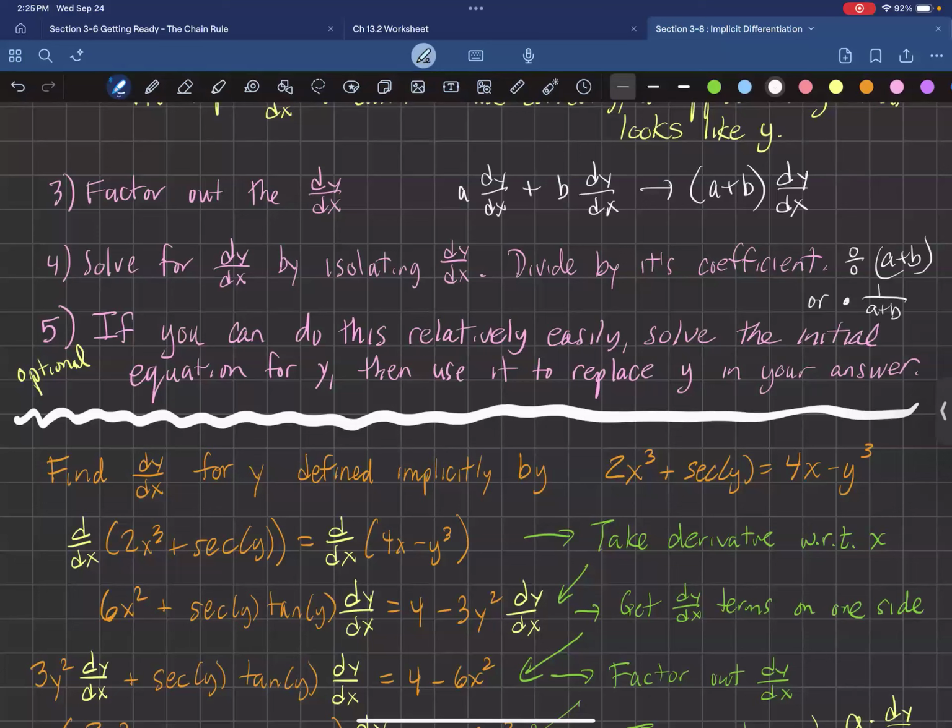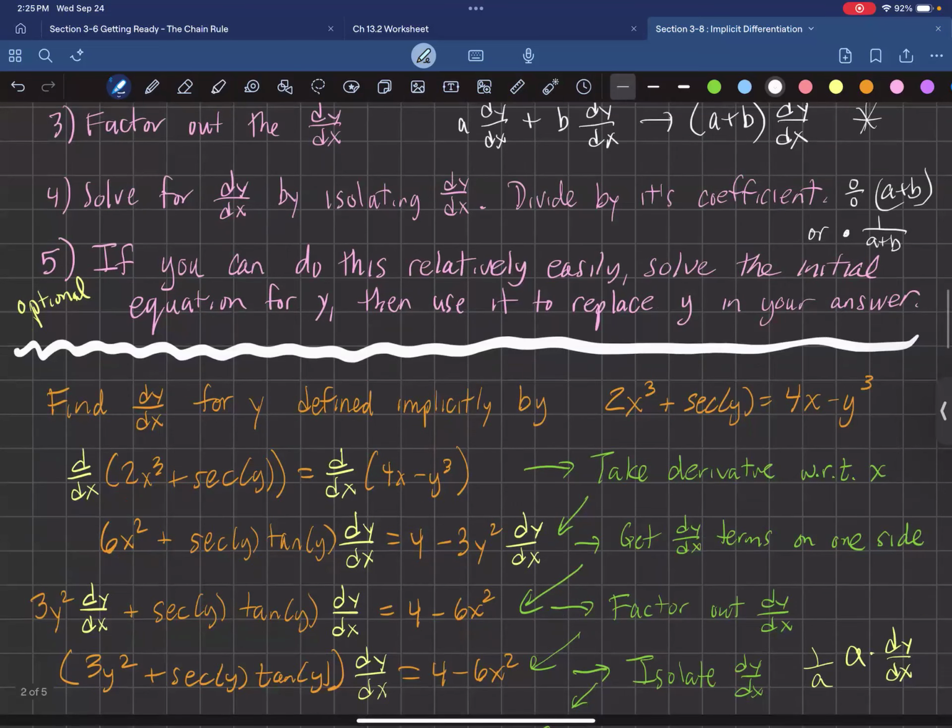Now we factor out the dy dx, kind of like we did with the a plus b up here. So we got 3y squared plus secant y tangent y, all that in parentheses or a bracket, multiplied by dy dx. The right side has not changed. It's still 4 minus 6x squared. We isolate dy dx.